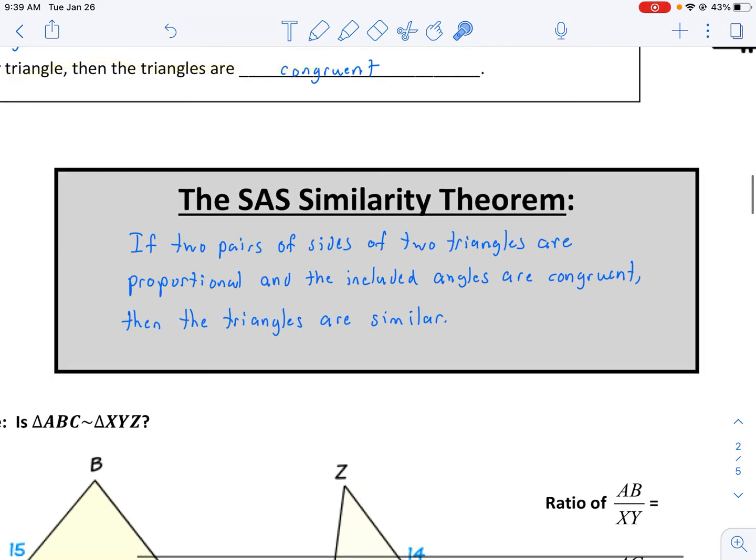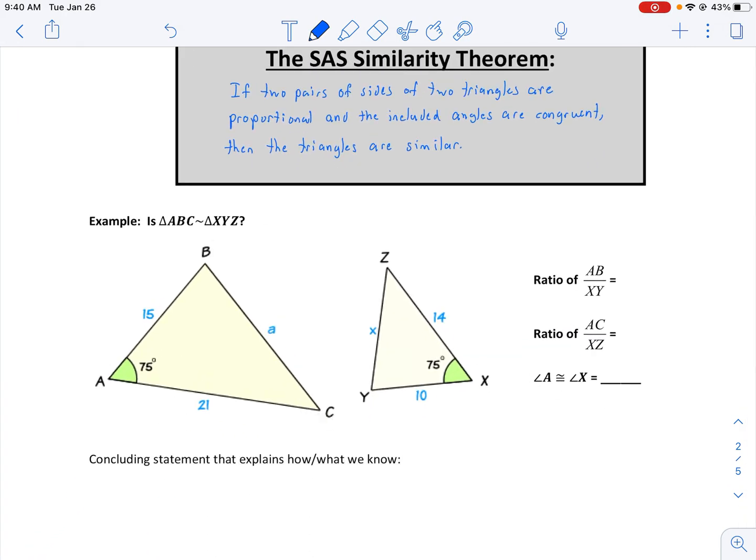So the similarity theorem says if we have two pairs of sides of two triangles are proportional and the included angles are congruent, then the triangles are similar. So remember, for similar triangles, we have to have congruent angles and proportional sides. So this is just saying, hey, check that two sides are proportional, and if the angle between them is congruent, then we know that the triangles are, in fact, similar.